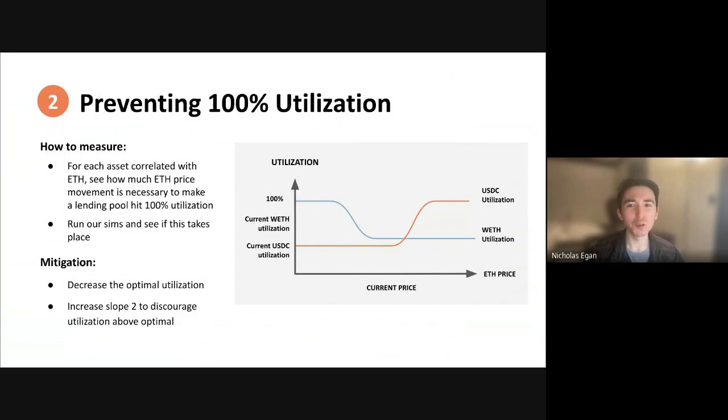The second, more nuanced way is to incorporate the price impact of liquidations through using Gauntlet's agent-based simulation framework with a given level of volatility, which would allow us to see in a more sophisticated way if this would be taking place. And if we do find that there is a risk, we can mitigate it through decreasing the optimal utilization point and increasing slope 2 in order to discourage high utilization levels.